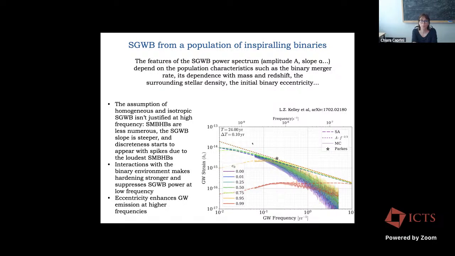And this can then suppress the power at low frequency, because it means that the binaries are closer together than what you get by this simple assumption of binaries far in the circular spiral phase. And then we have the fact of eccentricity that also enhances gravitational wave emission at higher frequency.